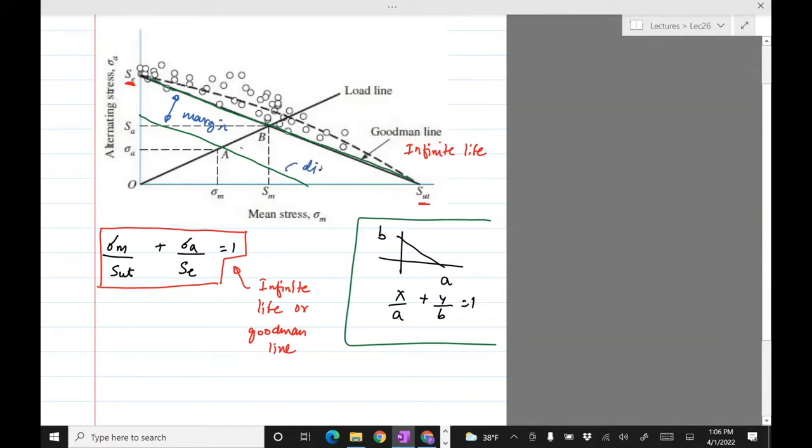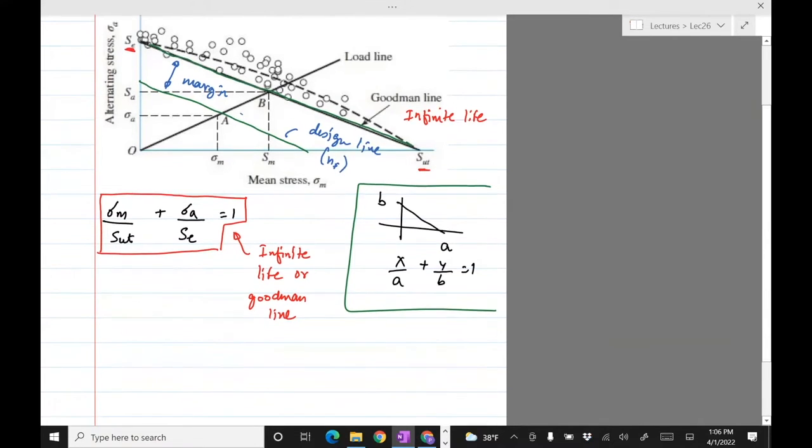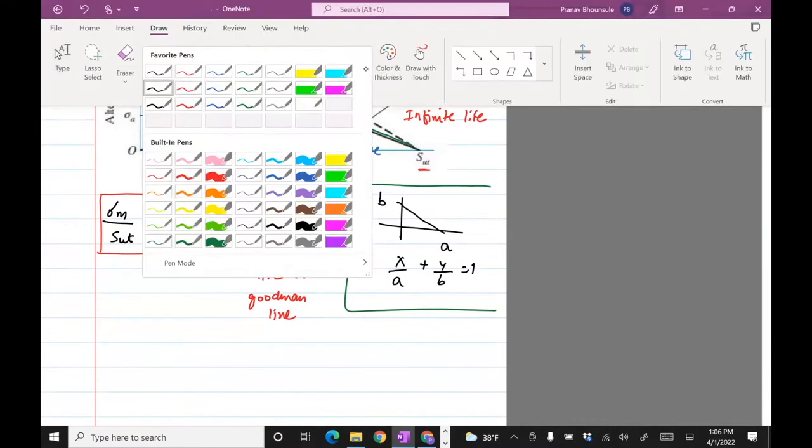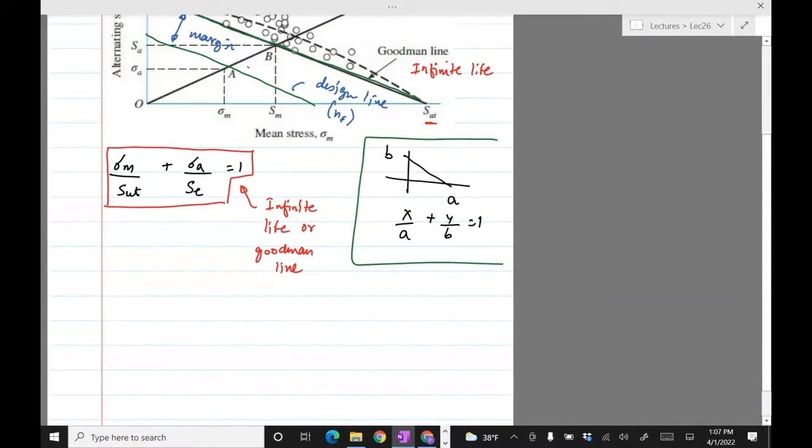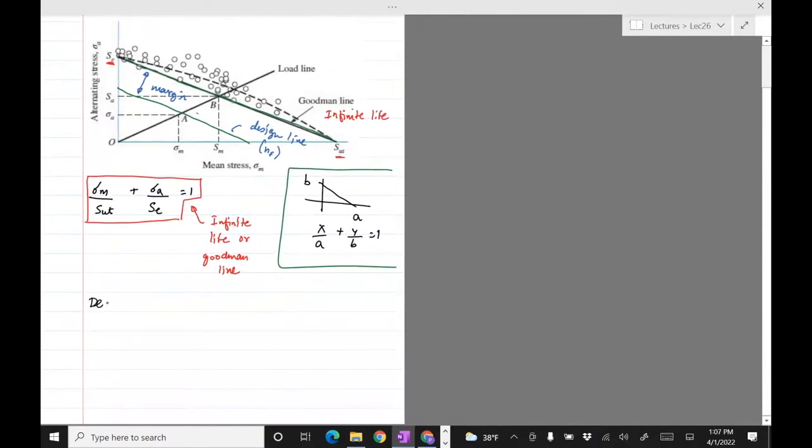This is the design line, and that gives us a margin. Based on NF, in order to get that, we simply substitute. We just have the definition for NF, which is now the fatigue factor of safety.